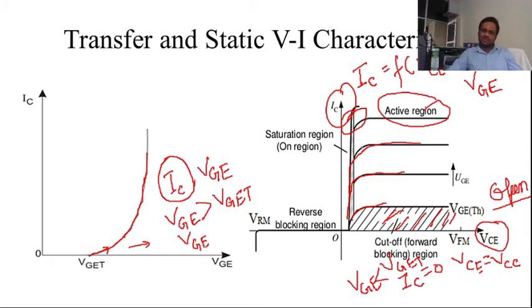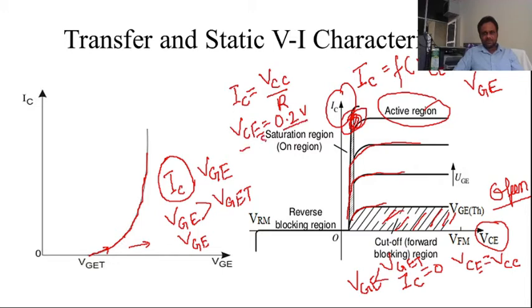On the other side, if your IGBT is working like a closed switch, that means it is working in the saturation region, just like a BJT, that means fully on. Under this condition, IC is equal to VCC divided by the circuit resistance, and VCE is equal to 0.2 volts or something like this.